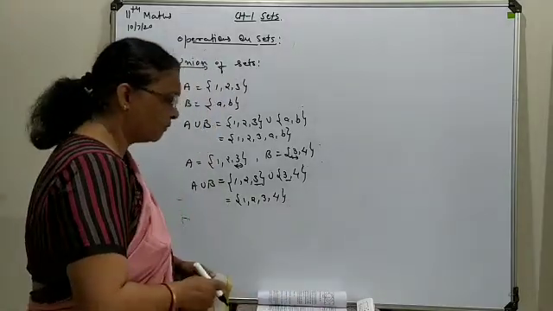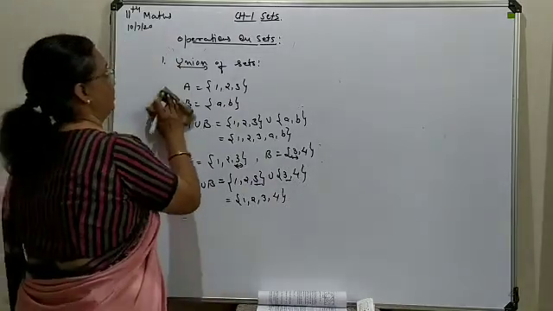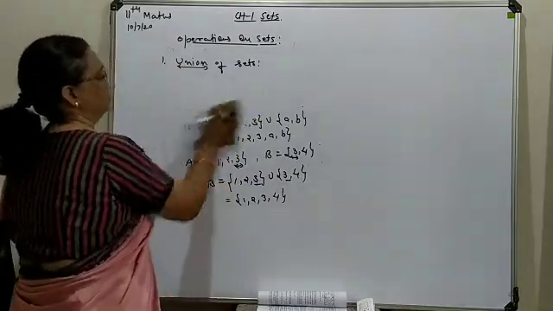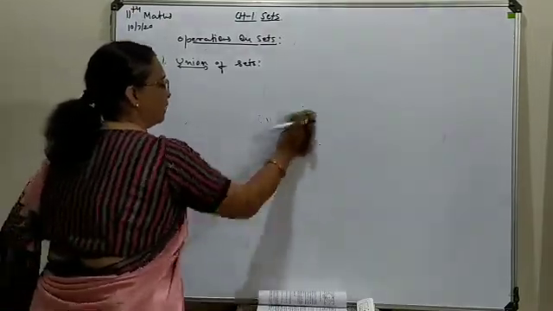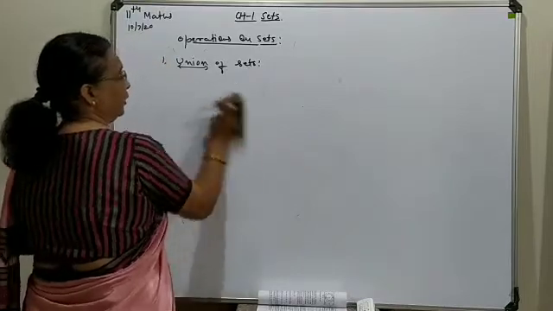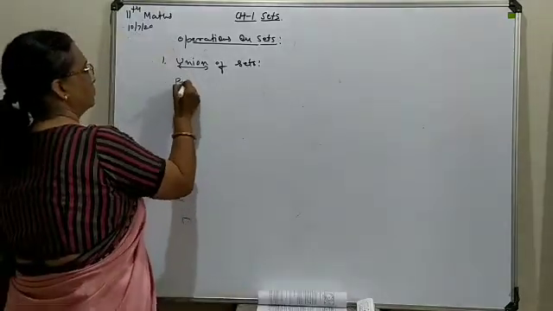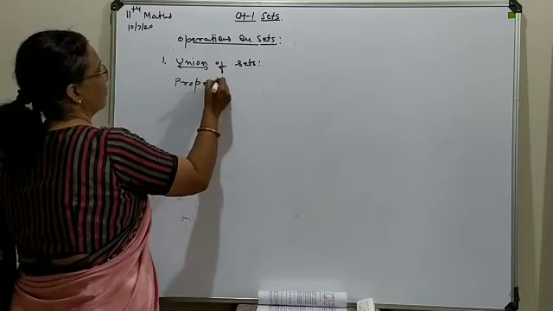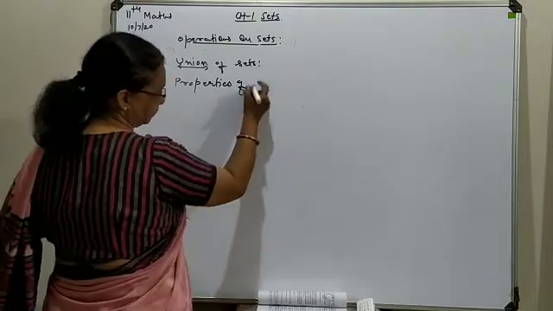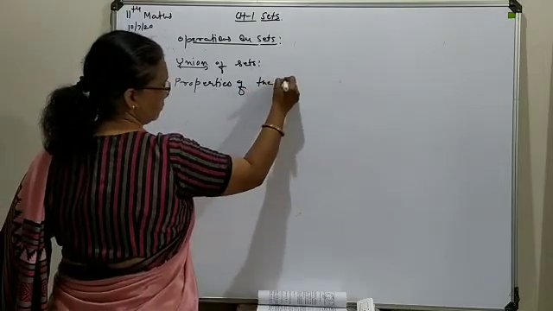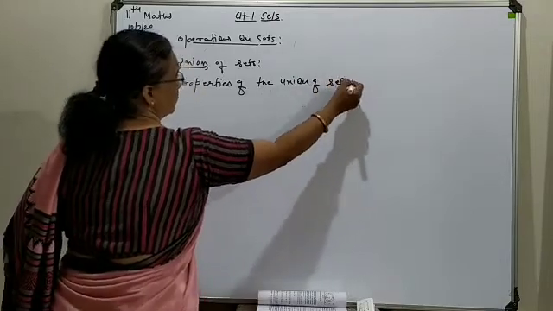Now we'll look at some properties of a union of two sets. Then we discuss the Venn diagram representation of union. Properties of union of sets.